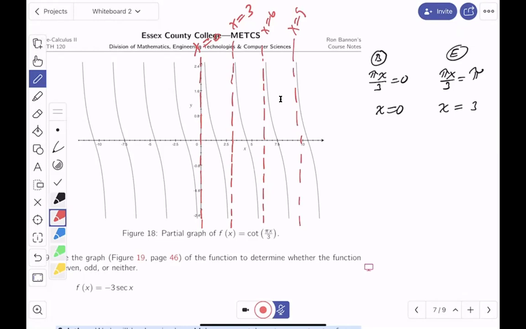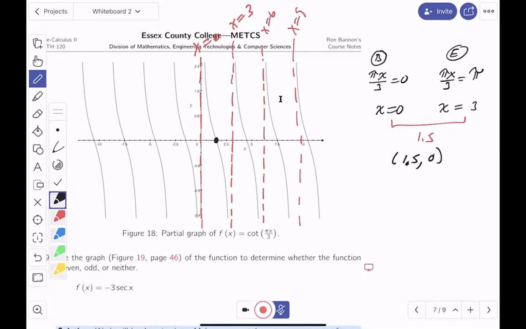Let's put some points down now. What's the center between those two numbers? 1.5. Right, that's right here. I'm going to put the point down for you. So the point would be 1.5, comma, 0.